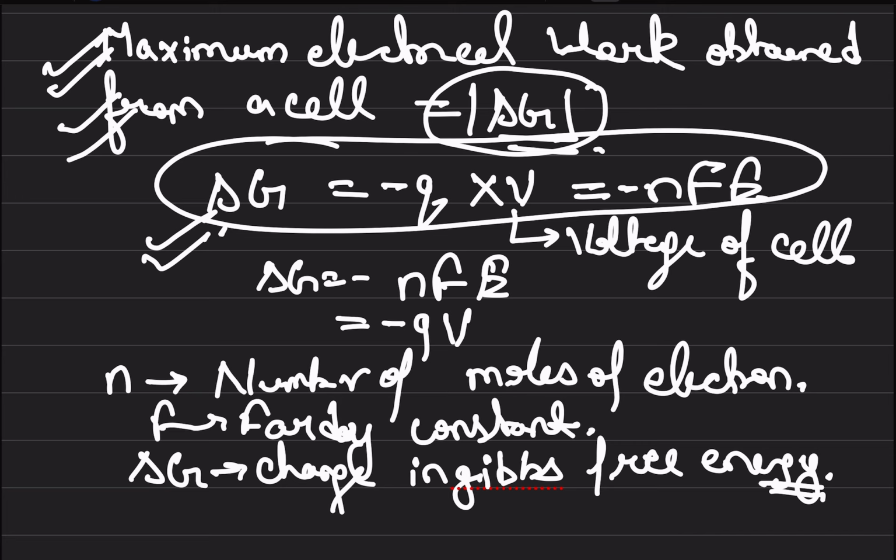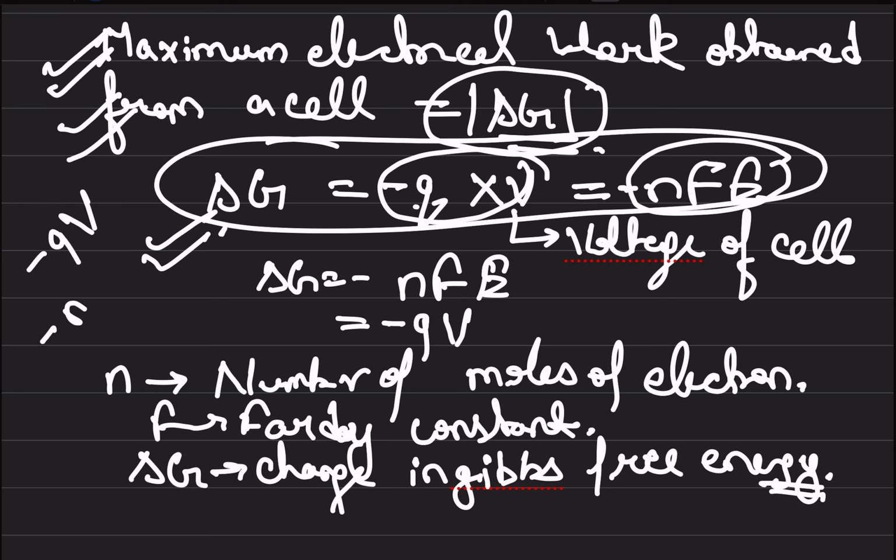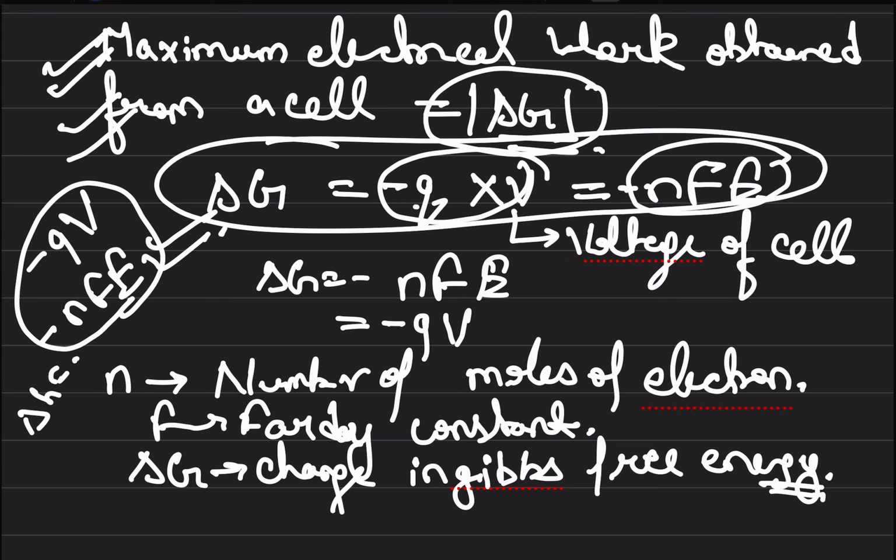Delta G is equal to minus Q into V, or minus nFE. This is the standard thing which we have to remember: delta G is equal to minus Q into V, or minus nF into E.